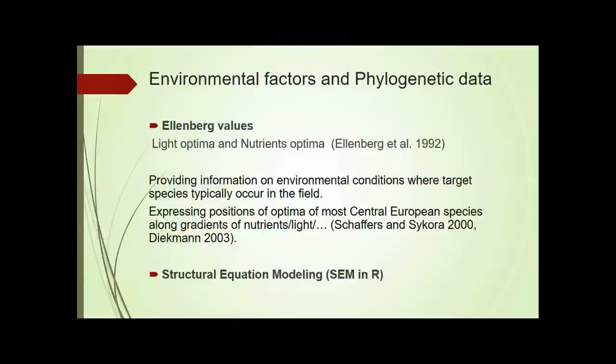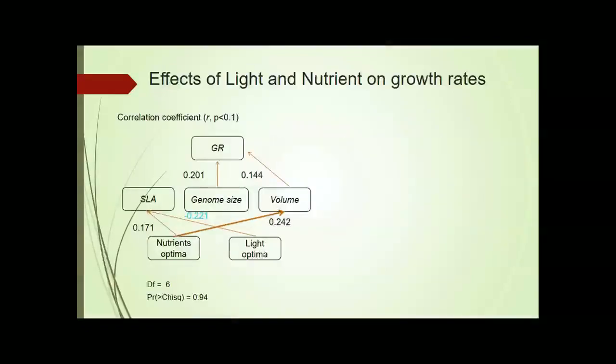And then we used the structural equation model to get the result. And this is the p-value for the model, which is almost 1, showing the model predicts well. If, for a pair of traits, the p-value of their relationship is smaller than 0.1, then I show the arrow and the coefficients here.